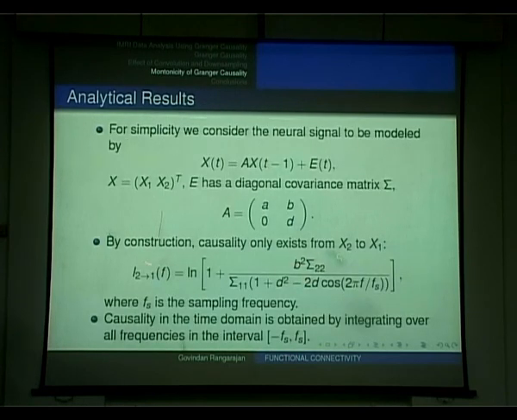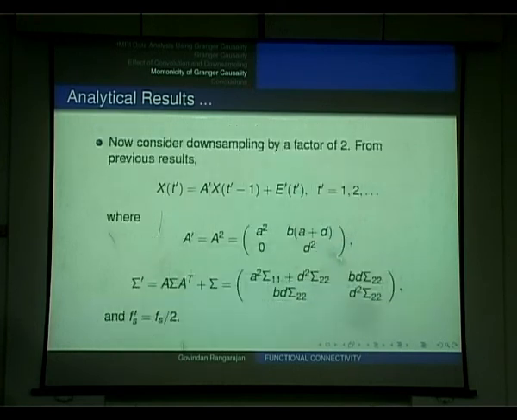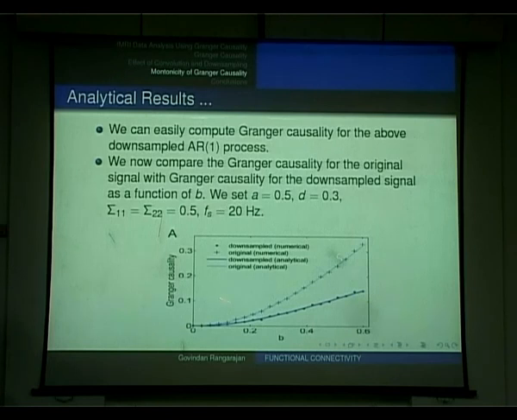So as b increases, the granger causality increases. And if b is 0, granger causality goes to 0. So that is the off diagonal term here. So as b increases, indeed in the original signal without downsampling, of course, the granger causality increases. But even after downsampling, even though the change is different, still it increases.